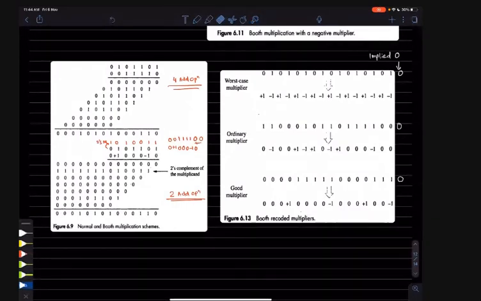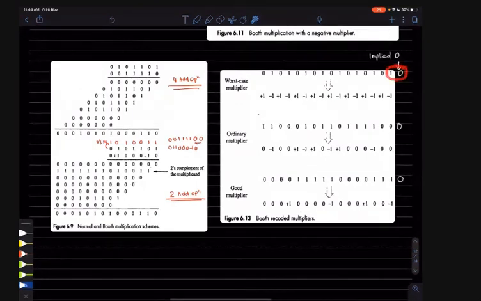Okay, how to write this algorithm? There is a very simple algorithm. Check 2 bits, the i-1 bit and the i bit. Always do the same thing and repeat the loop.